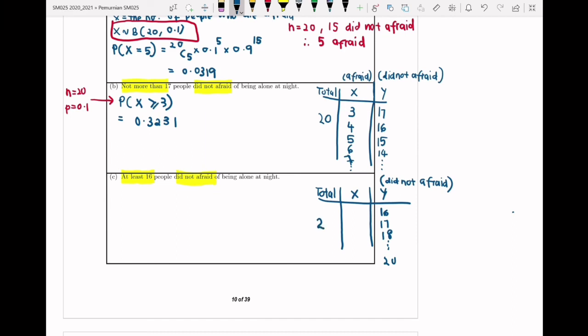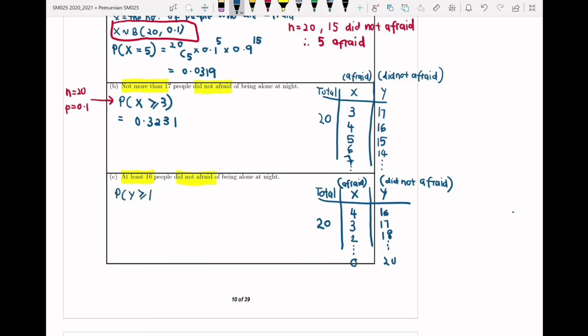Remember the total number is 20. If we have 16 people did not afraid, that means we have 4 people afraid. X is the number of people afraid. If 17 did not afraid, we have 3 people afraid. If 18 did not afraid, 2 people are afraid, because we need to complete the total, that is 20. So until 0.